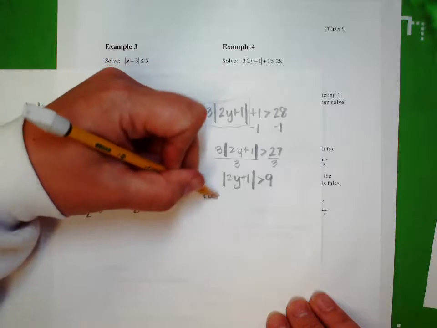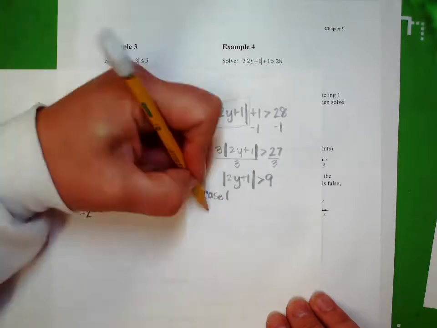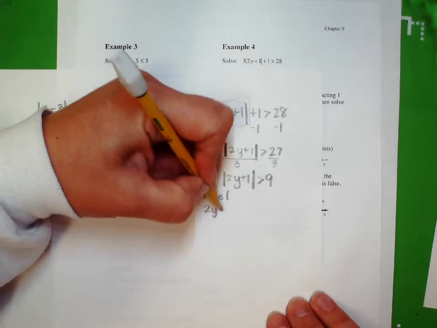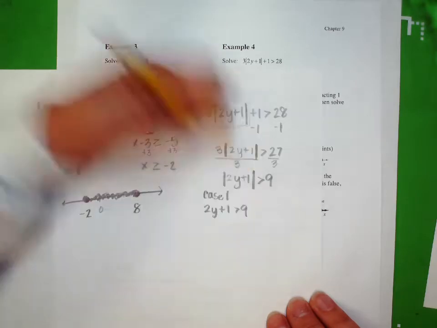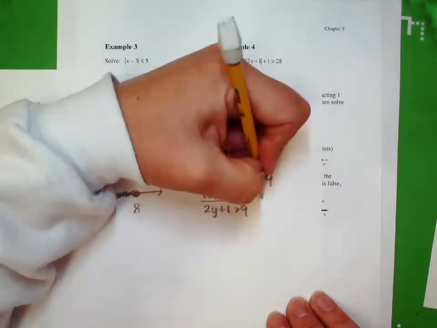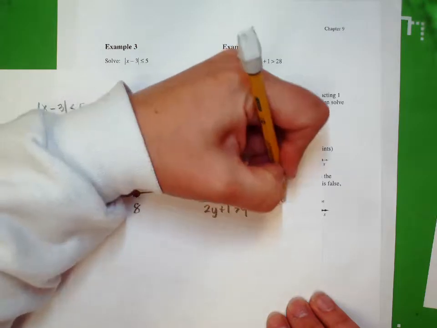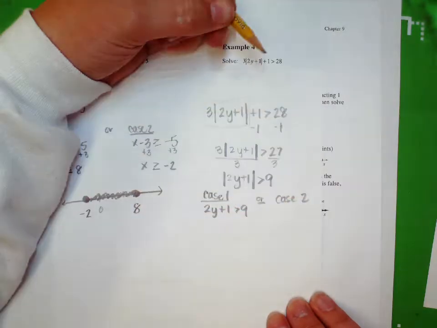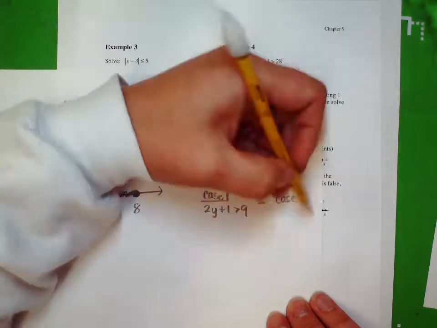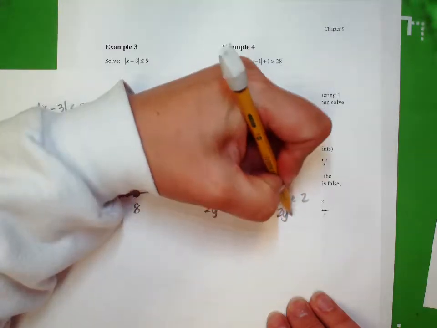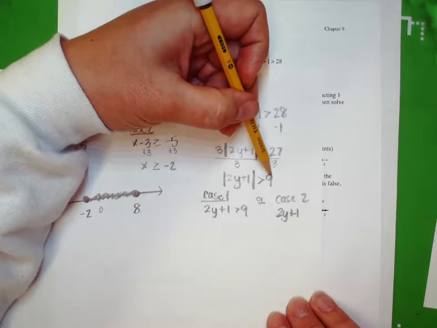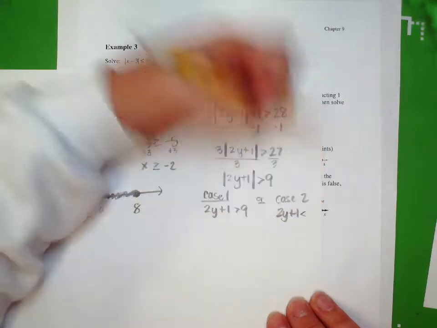So case 1 would say 2y plus 1 is greater than 9. And then case 2 would say that we have what's on the inside, 2y plus 1, but because we're looking at the negative, we have to flip our inequality.